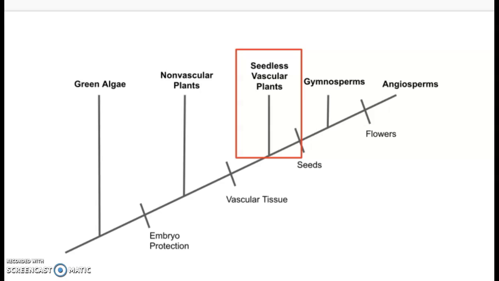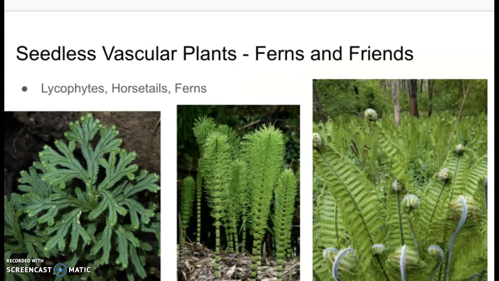So this caused plants to be able to reach enormous sizes. The majority of these plants are ferns and friends. So they're lycophytes, horsetails, and ferns. You might have seen the lycophytes and the horsetails before.